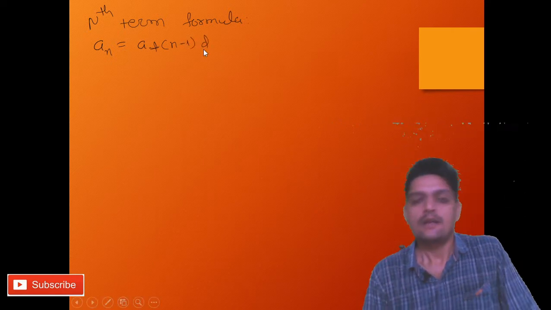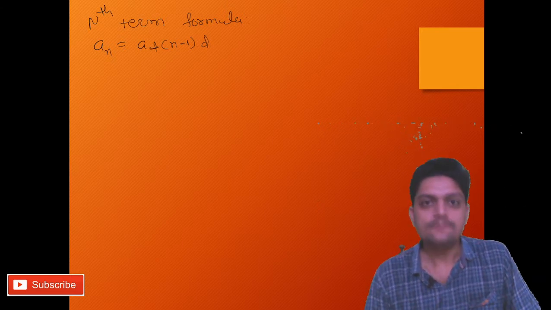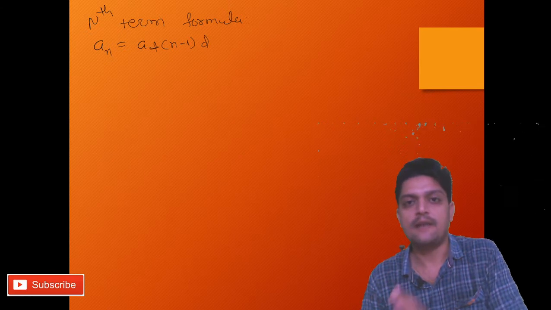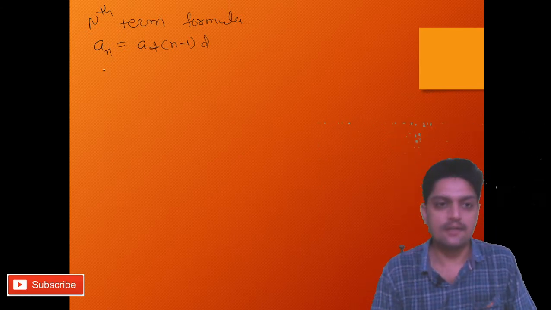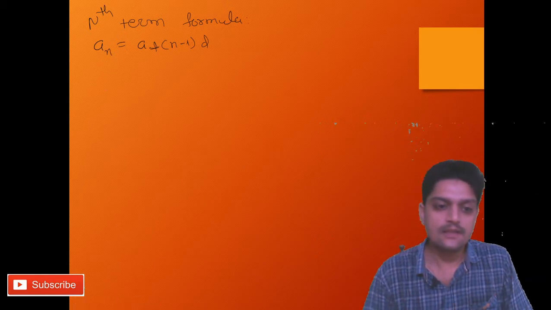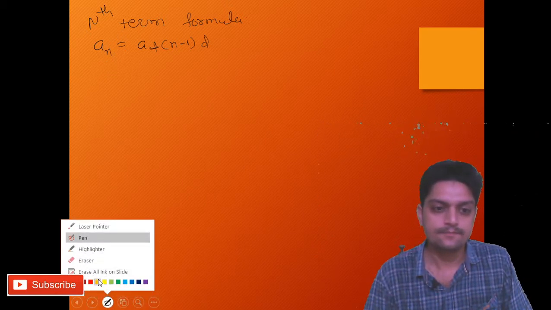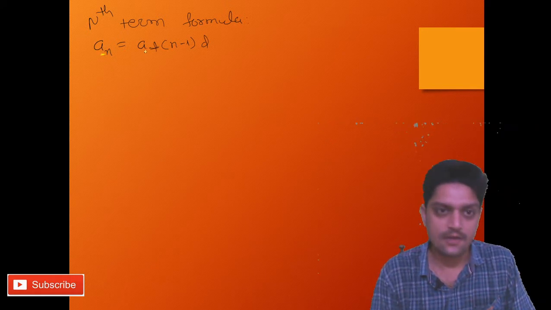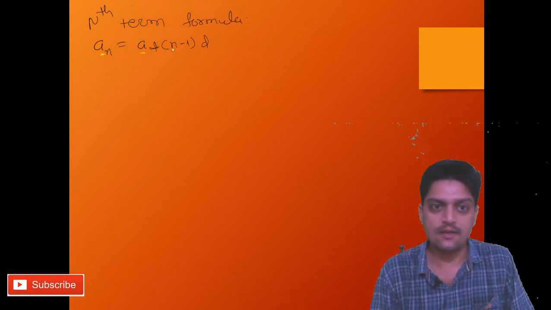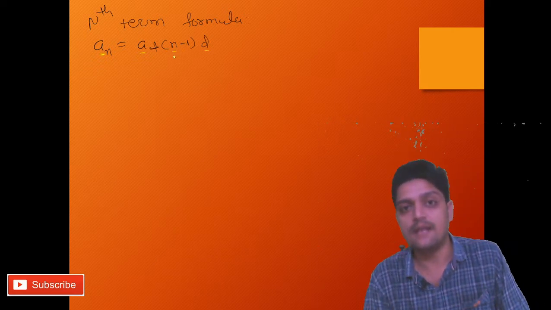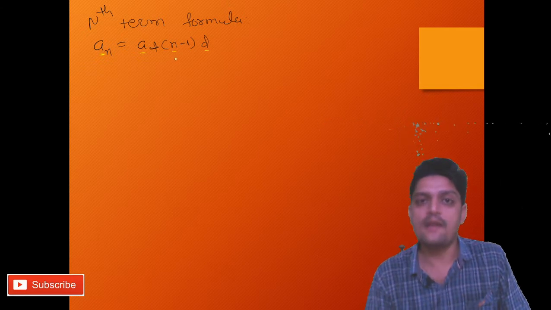As I have taught you, they will ask you any one detail and the other three details they will give. So see here, how many details are there in total in this formula? In this formula, this is the first unknown term, this is the second, this is the third, and this is the fourth, so we can consider there are 4 variables.